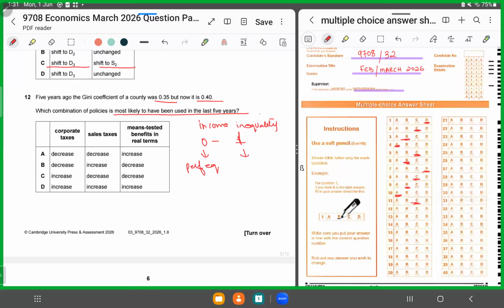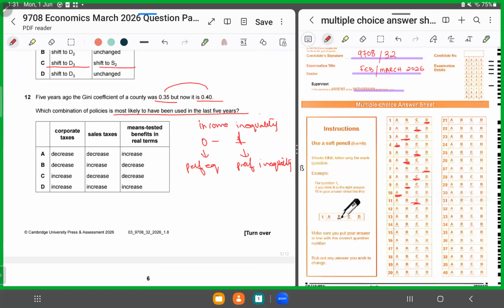And 1 shows perfect inequality, that means one person controls all the wealth. Now, if it has worsened from 0.35 to 0.40, that means the situation has worsened.